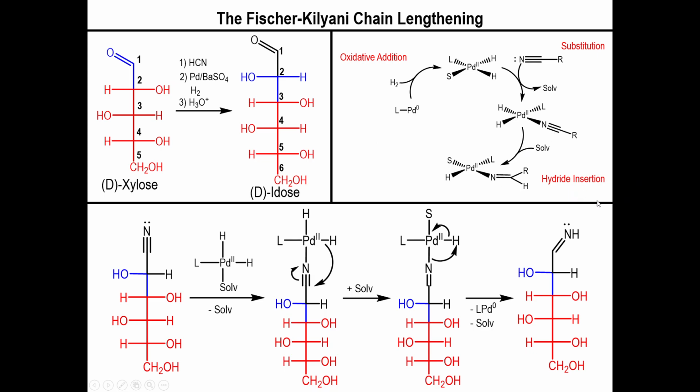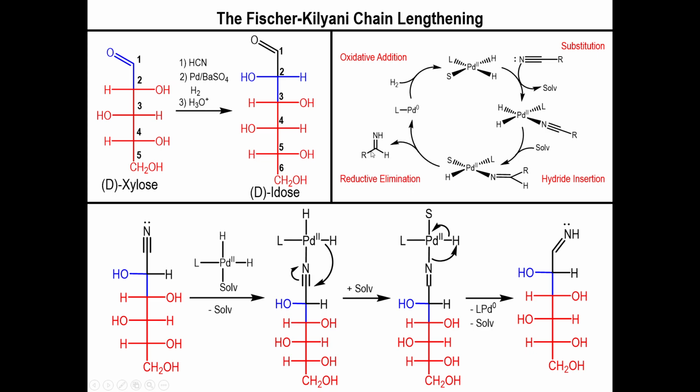This is referred to specifically as a hydride insertion. And then once you get to this point, the anionic imine attacks the proton, and the electrons go back to your palladium, reducing it. So this is known as a reductive elimination.